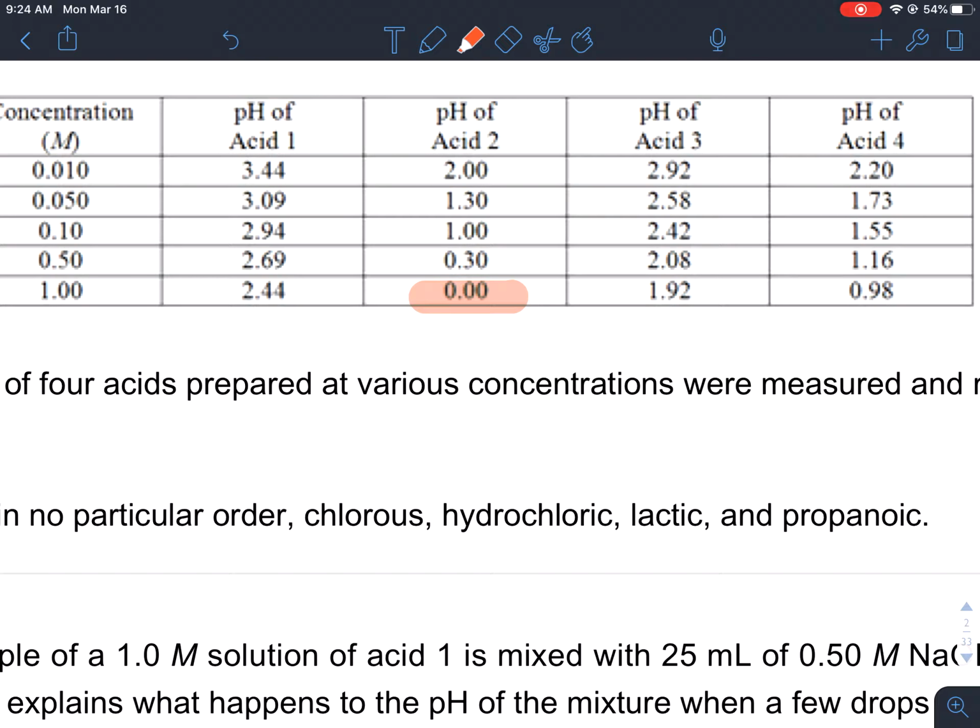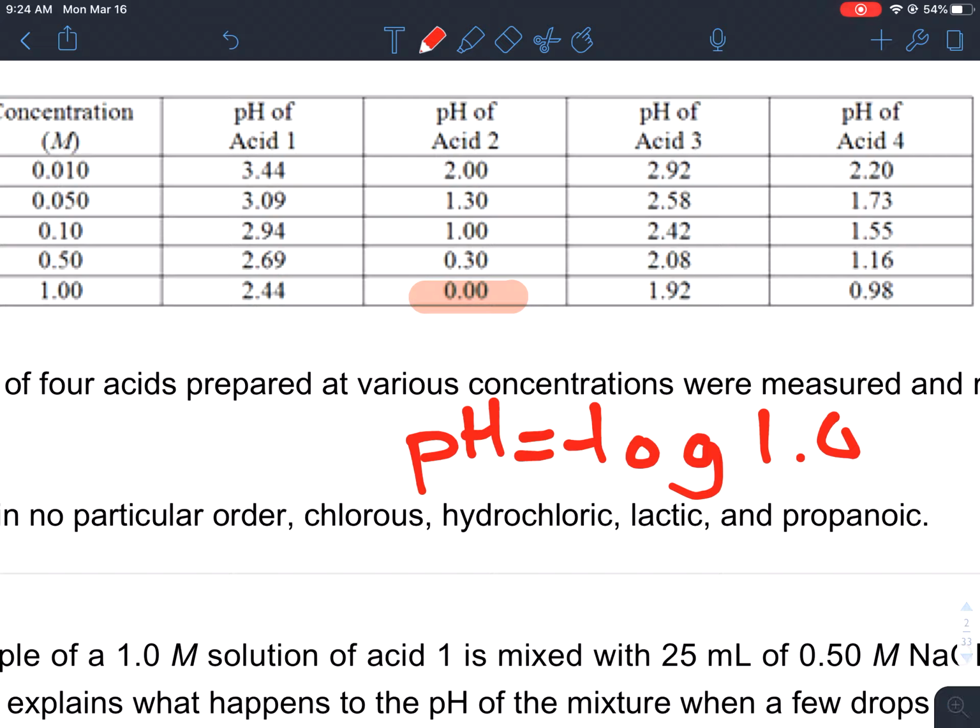It had a pH of 0. Well, if it had a pH of 0 at a concentration of 1, pH is equal to the negative log of 1.0, a concentration of H plus that is 1, then you will get a pH of 0.